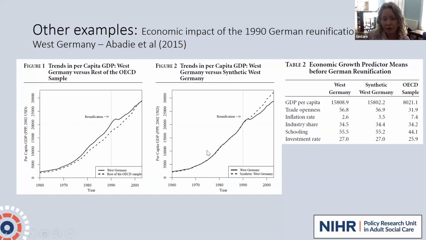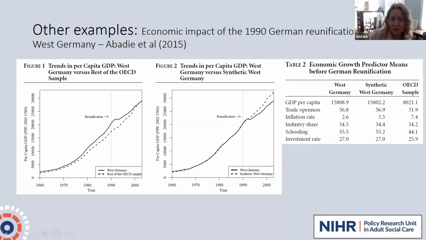The right-hand side graph is the proposed synthetic control estimation, which tracks West Germany prior to unification fairly closely and shows what the outcome would have been in the absence of unification. And the table on the right-hand side shows how well the synthetic control matches West Germany, which is fairly well compared to the rest of the OECD countries.